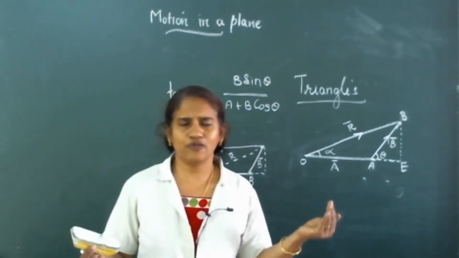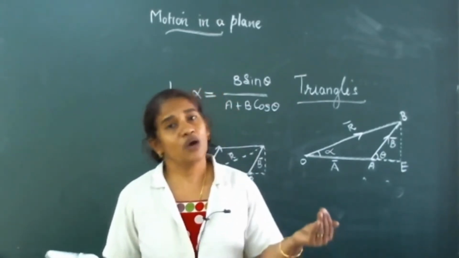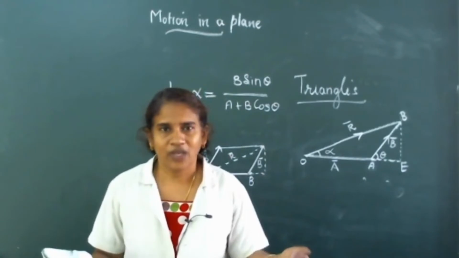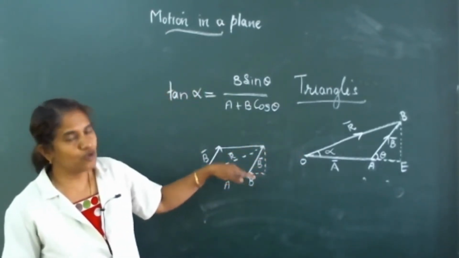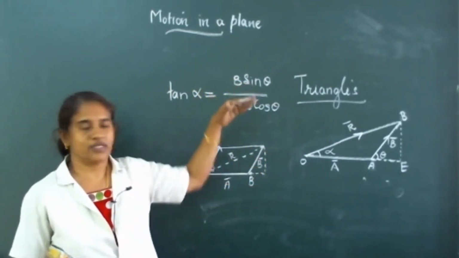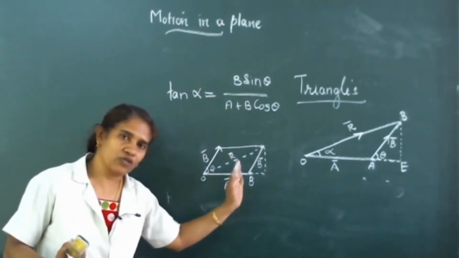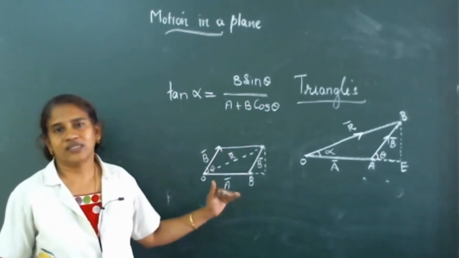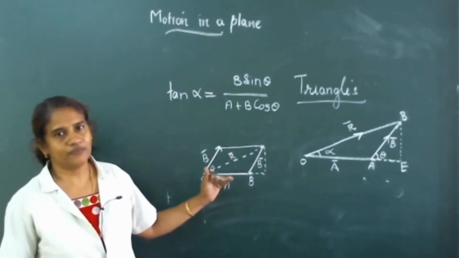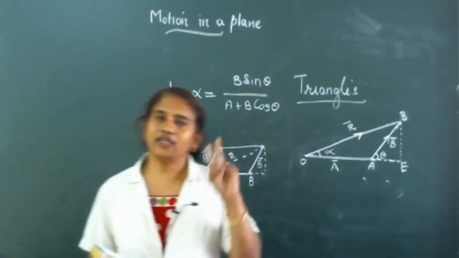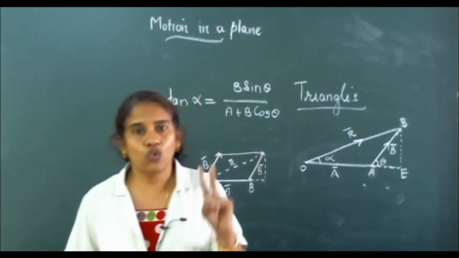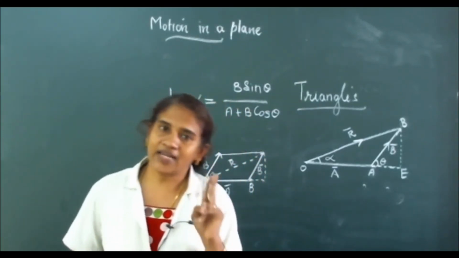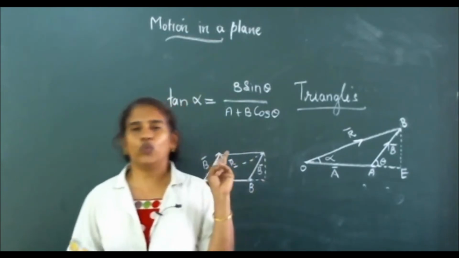That is true. When two vectors are added, the answer should be the same whatever method we use. So the parallelogram law can also be used for adding two vectors. The proof is in the same manner, because opposite sides of a parallelogram are equal in length. Okay, so these are the two laws or rules for adding two vectors.